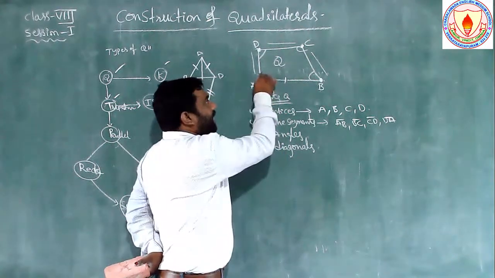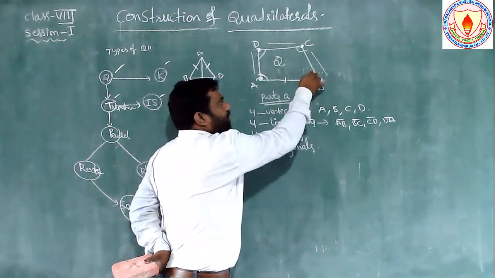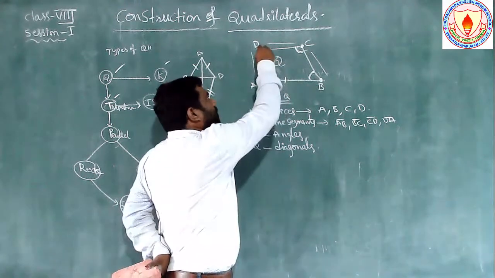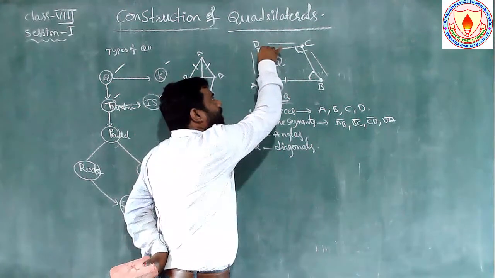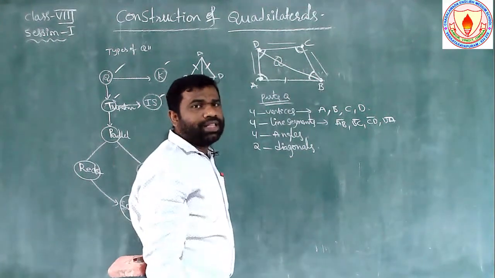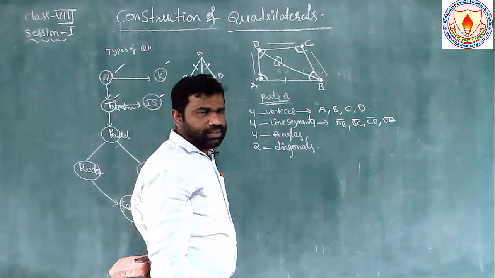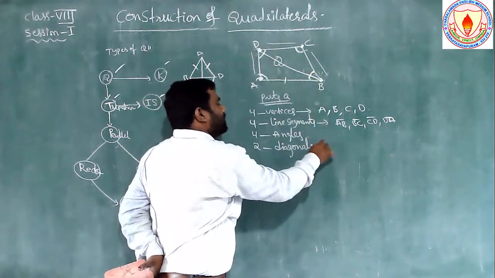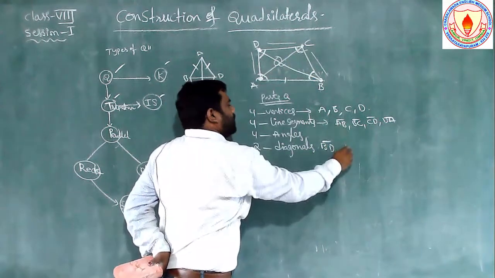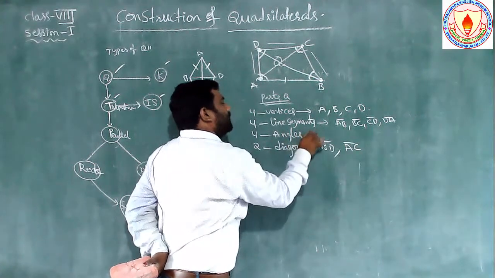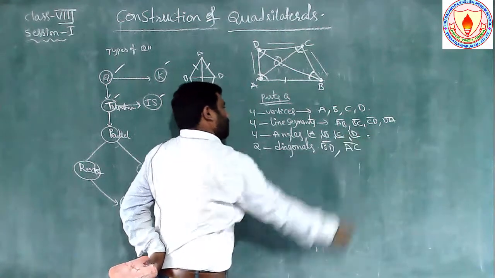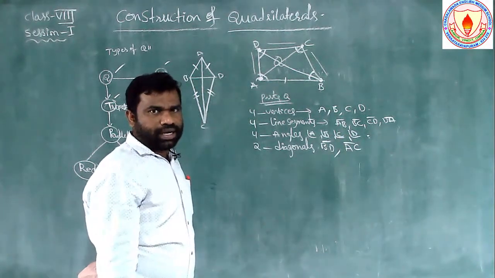Next, angles: angle A, angle B, angle C, angle D. Diagonals: a line segment joining the two opposite vertices, that is BD line segment and AC line segment. These are the parts of the quadrilateral.